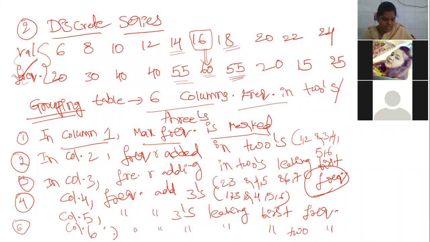In column number 6, you just leave the first two frequencies. Then you add the remaining in threes. That means 1 and 2 we are leaving. Then how will the addition be? 3, 4, 5 you need to add.